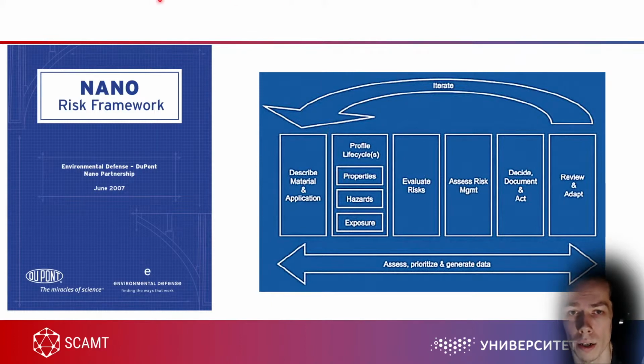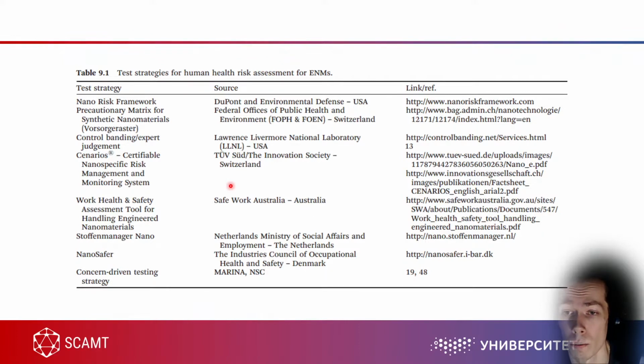For example, the Nano-Risk Framework was published in the European Union in 2007, and there are a lot of others published by different countries: Australia, Switzerland, USA, again Switzerland. A lot of things published in Switzerland, and Denmark, Netherlands, and so on.